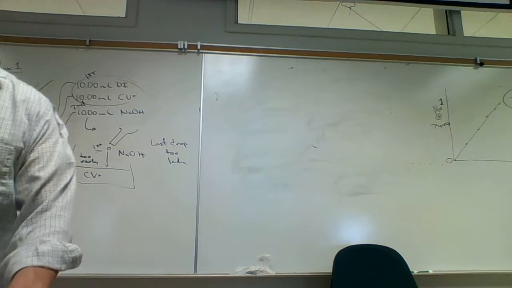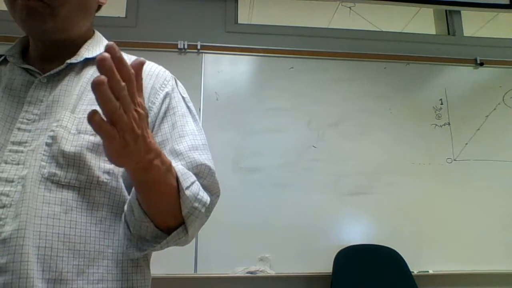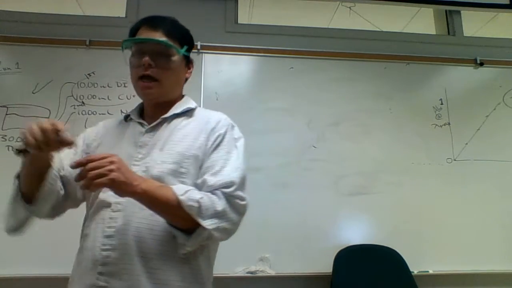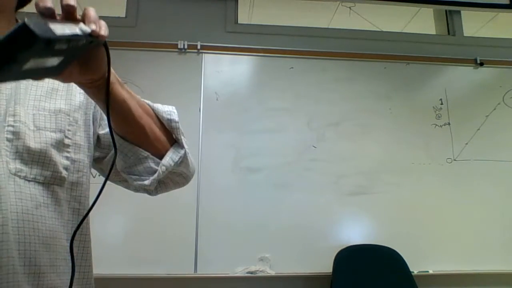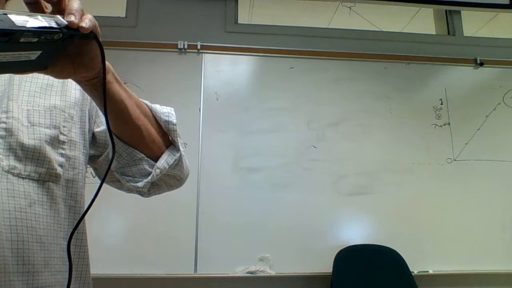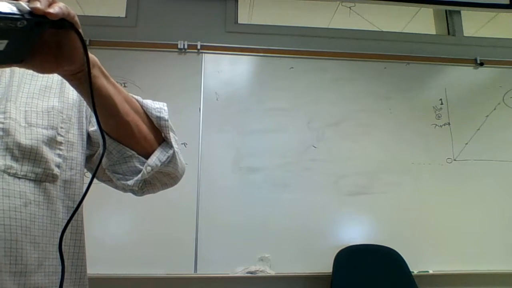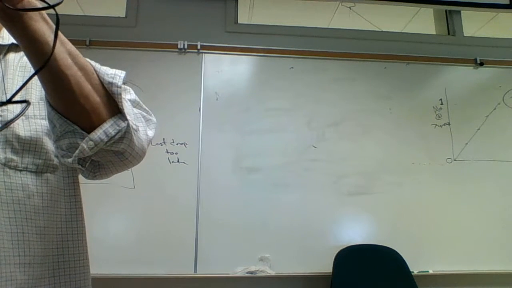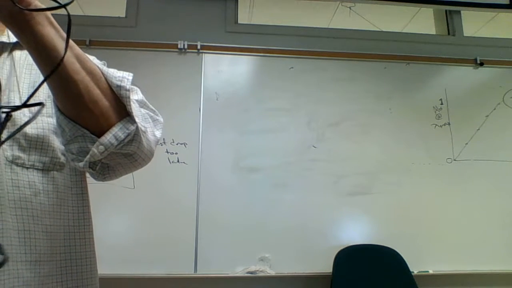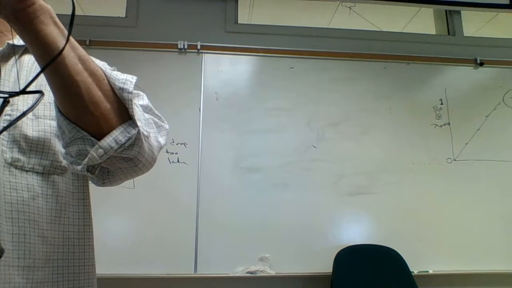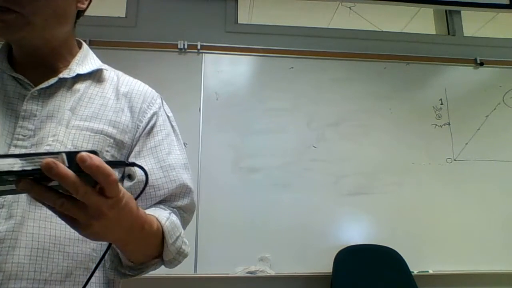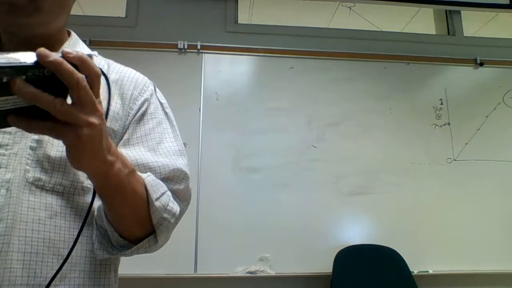Once we know how much time elapsed between the start of the reaction and the start of data acquisition, then it's okay. We don't need to keep an eye on the stopwatch anymore because the clock inside here will keep track of our experiment. We just want to know what the time lag or time delay was. And so all you have to do is put your reaction mixture in here and then hit start.